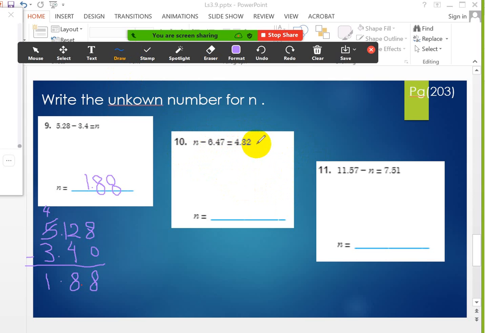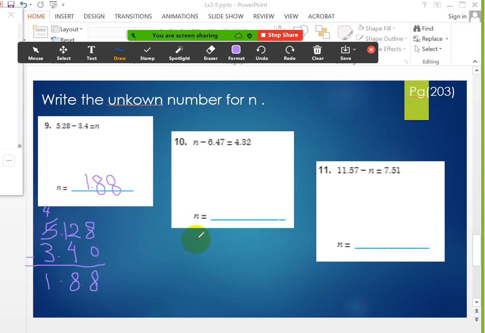You remember in the check step, in subtraction, to check if my answer is correct, I add the answer to the smaller number, the subtracted number, and I have the bigger number. Now, the bigger number is the unknown number. So to find the unknown number, I have to add the answer for this subtraction to the subtracted number, and I will have the unknown number n.